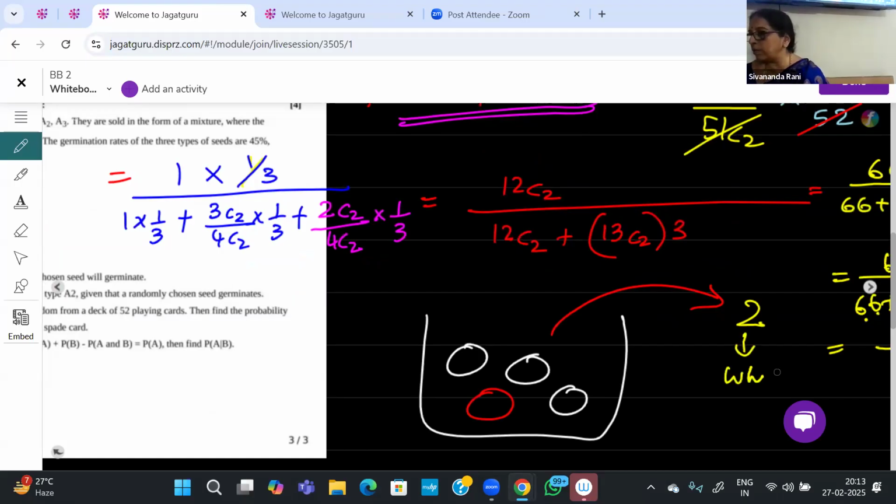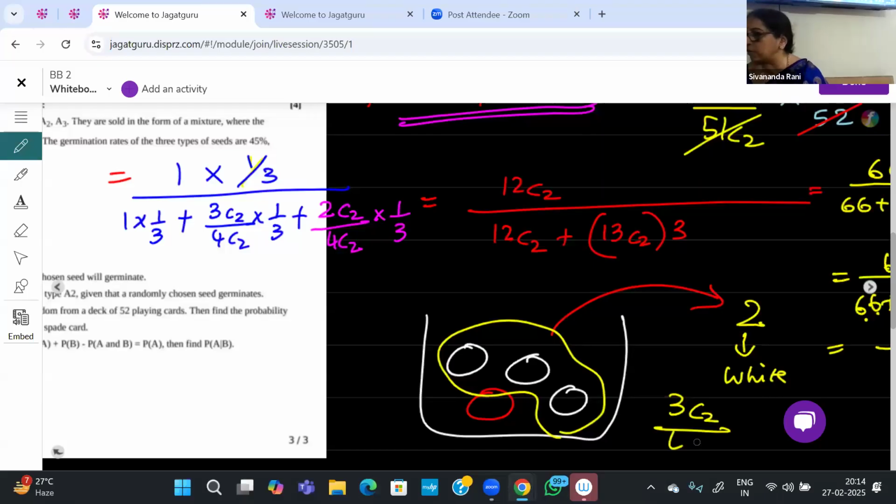But white will occur from where? From this collection only, no? So that is 3C2. But what is the total possibility? 4C2. Understood, Shah? Yes, got it. 3 whites and some other ball. That is that case.